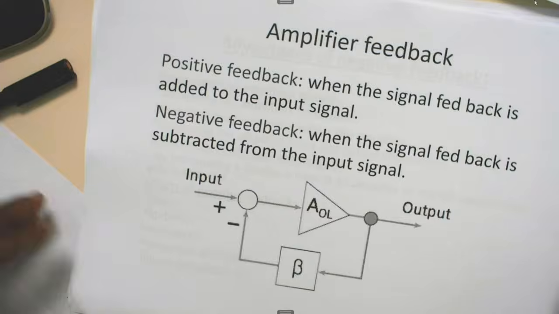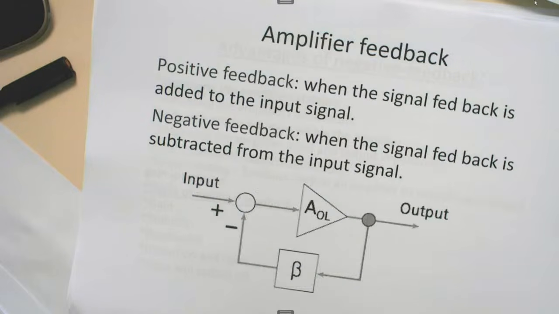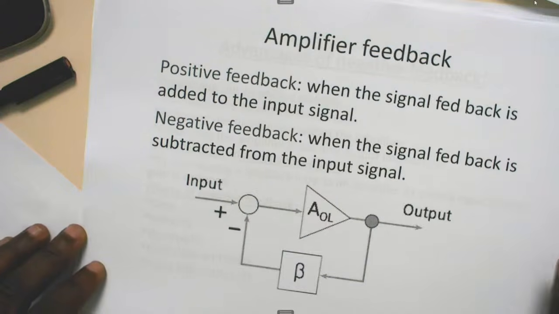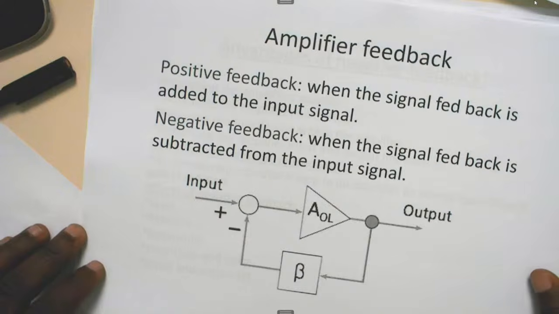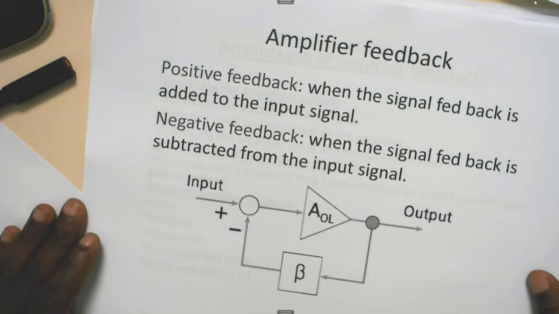Now let us go to amplifier feedback. On feedback, we've got two types: the first one being positive feedback, and the other one being negative feedback. Positive feedback is when the feedback signal is added to the input. Negative feedback is when the feedback signal is subtracted from the input signal.